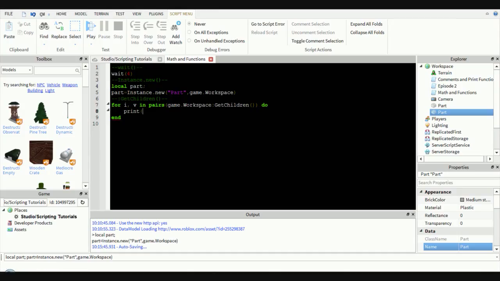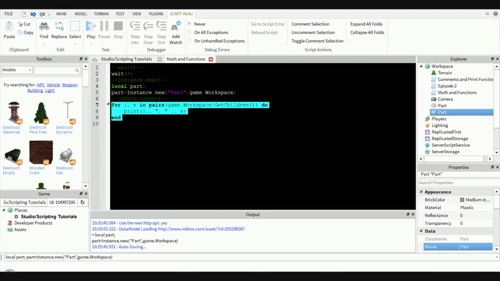So we would put i, dot dot, and then let's put a period, so it's like numbering, and then let's do a dot dot again. Oh wait, we forgot to put a space right there because we want to put a space, and then we would put v right there. And that'd be really cool. Let's see what it does.